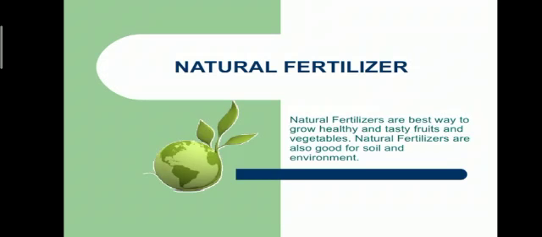Some of the differences between synthetic and organic fertilizers are: synthetic fertilizers are artificially prepared, while the natural fertilizers are prepared naturally. Synthetic fertilizers leach from the soil with watering and can be used by plants instantly, whereas the natural fertilizers are naturally decomposed slowly by soil microbes to release vital nutrients over a longer period of time.